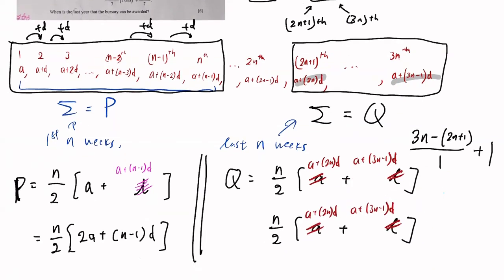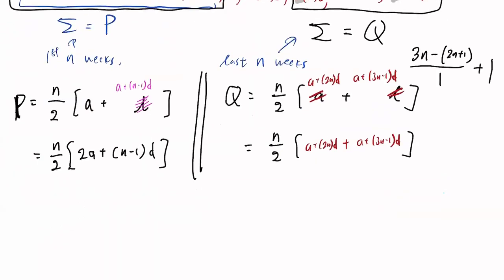Well done, very good. And then what else do you know? I can simplify a bit more. I realize there's an a and a, so it's 2a.